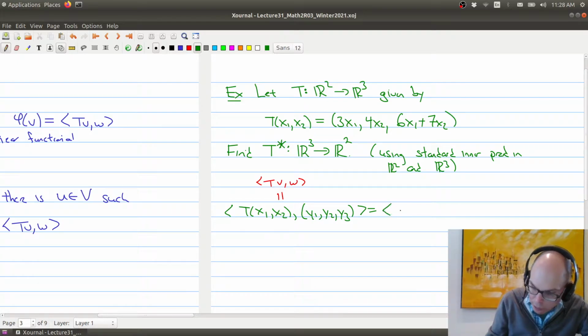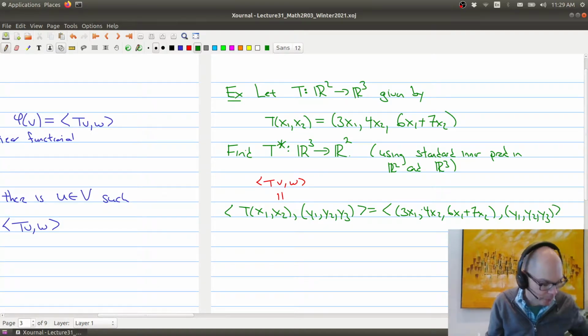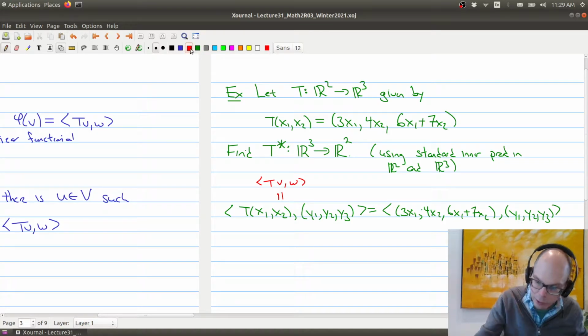This is the inner product of the triple (3x1, 4x2, 6x1 + 7x2) with (y1, y2, y3). Now this is the inner product in R3.